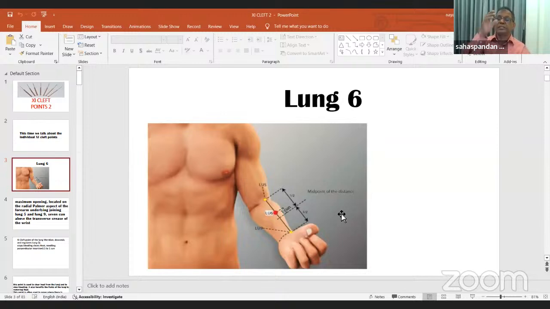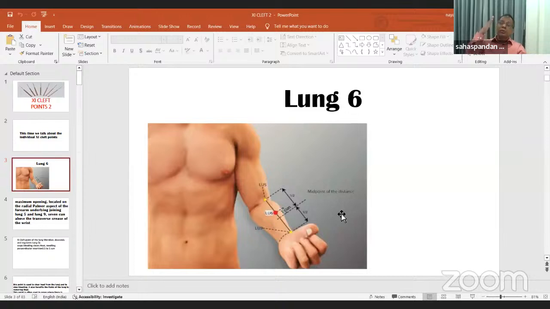This Xi-cleft point of the lung meridian descends and regulates lung chi. Lung chi always descends to communicate with the kidney.